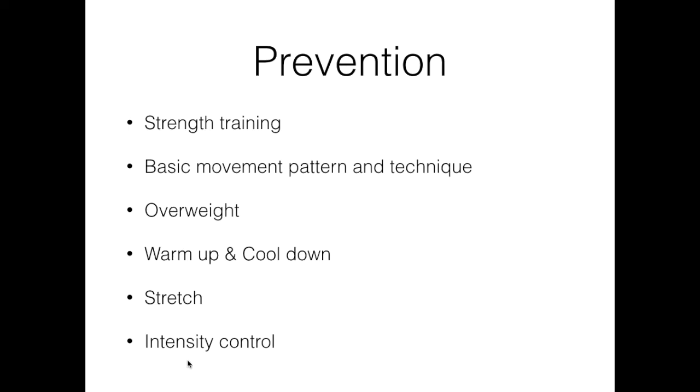Another example, if you are lifting like 60 kg, it could be squat, it could be deadlift, you don't want to suddenly increase the weight such that you are lifting 90 kg. That's not realistic. If you increase your intensity so much, it's going to make your knees feel painful.